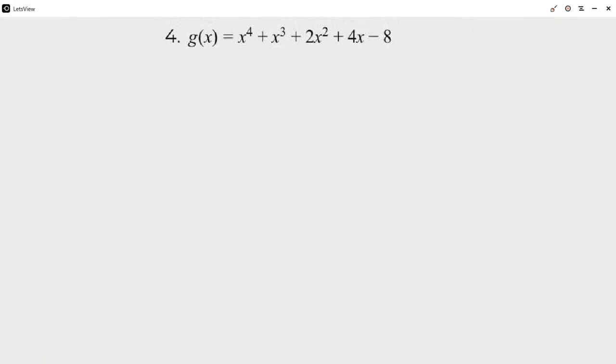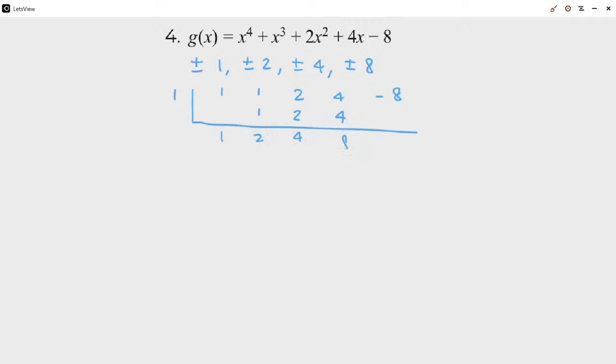Okay, next one, we have 1 as our leading coefficient and -8 as our last number. That's 1, 2, 4, and 8. So let's try 1. And we get 0.